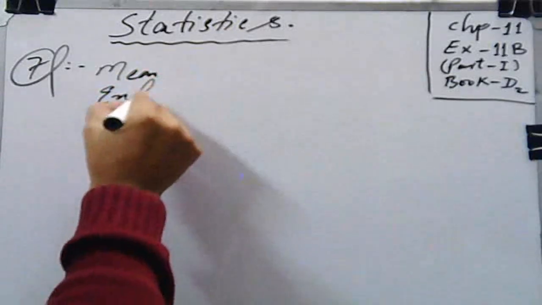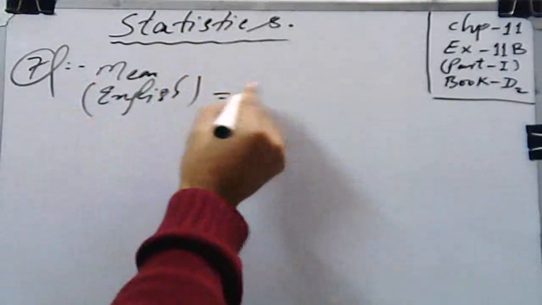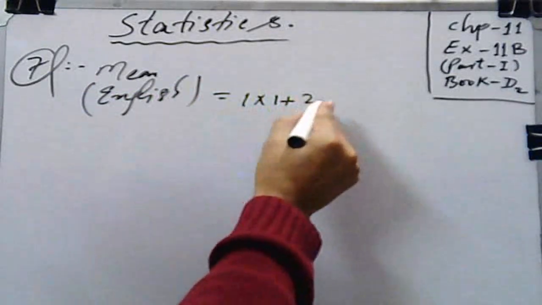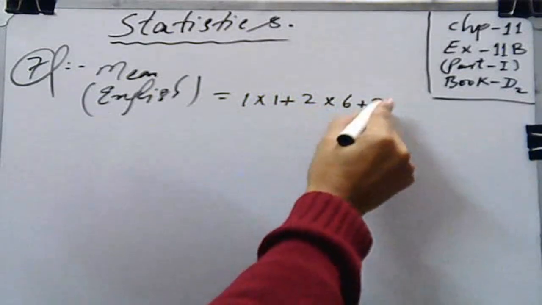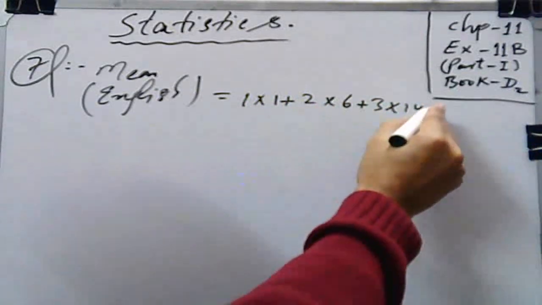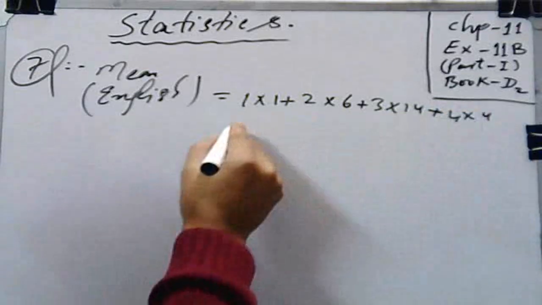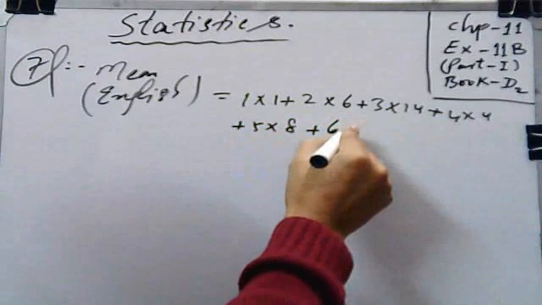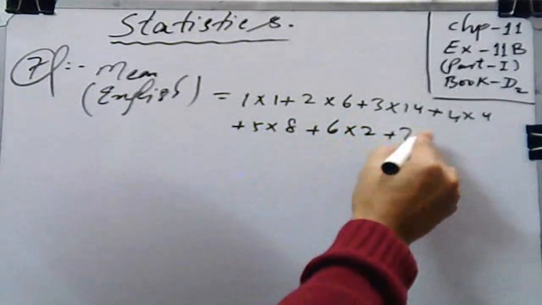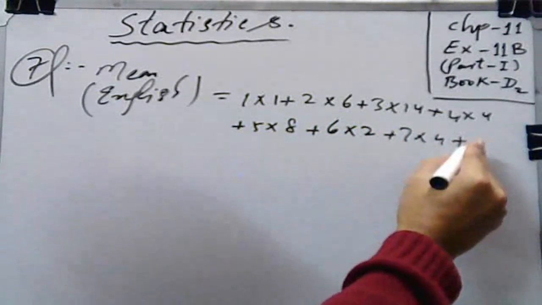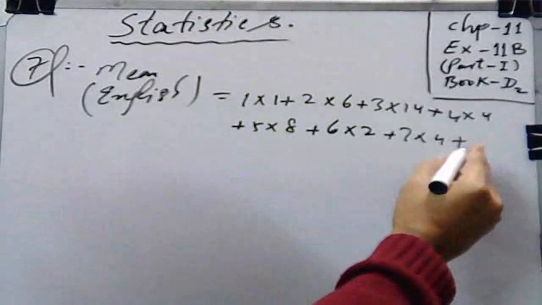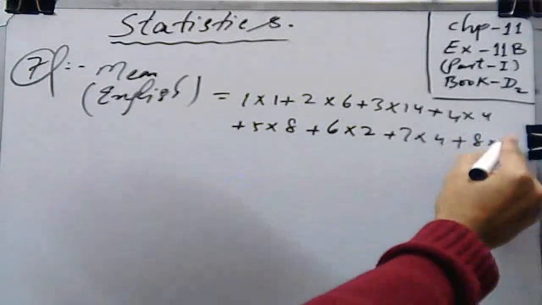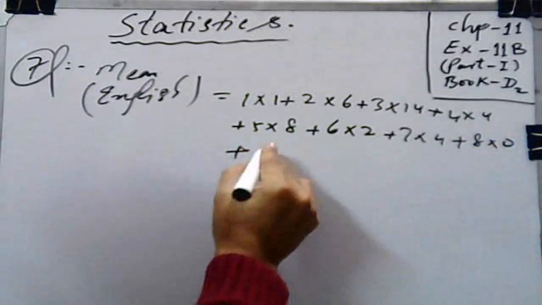Given data is, so you start: 1 multiplied by 1, then 2 multiplied by 6, then 3 multiplied by 14, plus 4 multiplied by 4, plus 5 multiplied by 8, plus 6 multiplied by 2, plus 7 multiplied by 4, and in your table 8 multiplied by 0, plus 9 multiplied by 1, plus 10 multiplied by 0.